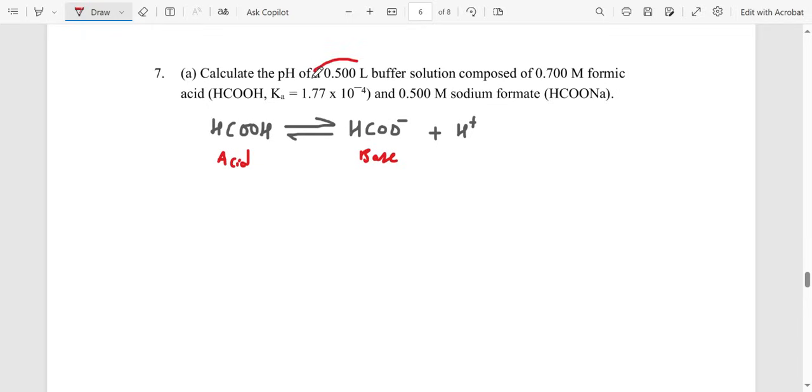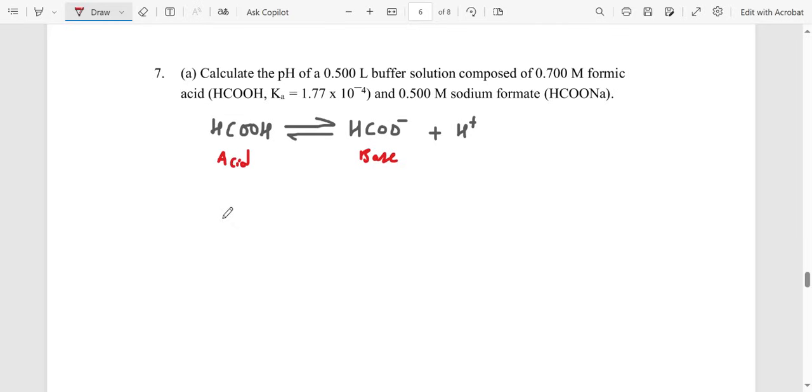Because we have got the same volume, number of moles for formic acid will be concentration times volume, isn't it? So you multiply this value with this value. That will give you the number of moles of formic acid. The number of moles of sodium formate will be this value multiplied again by the concentration. But because we're multiplying by the same value, 0.5, for both the acid and the base, we can just use the concentrations.